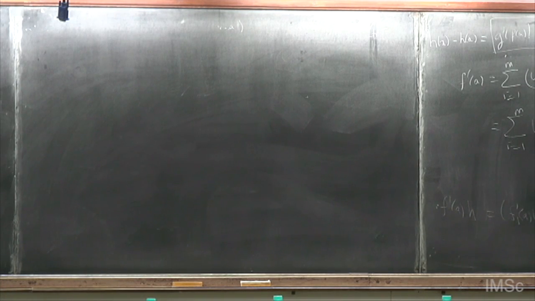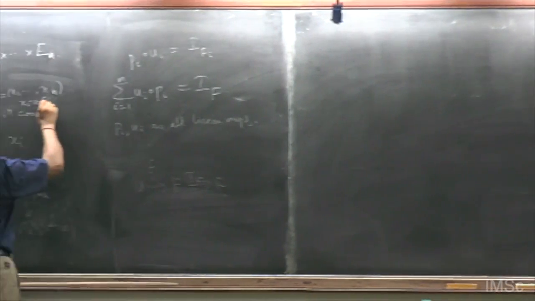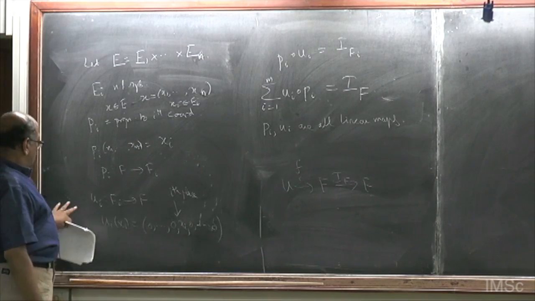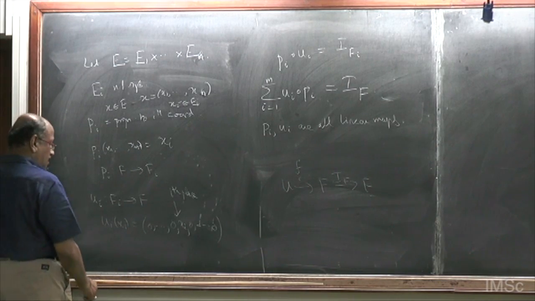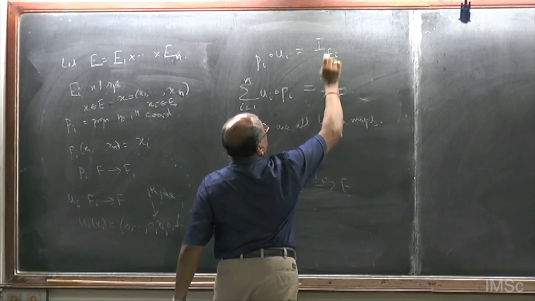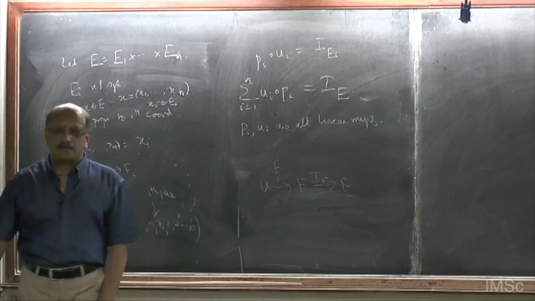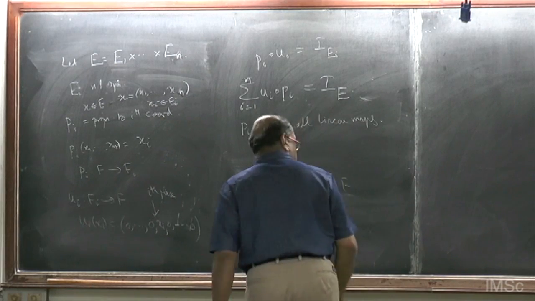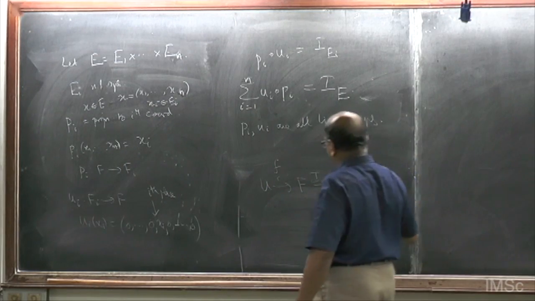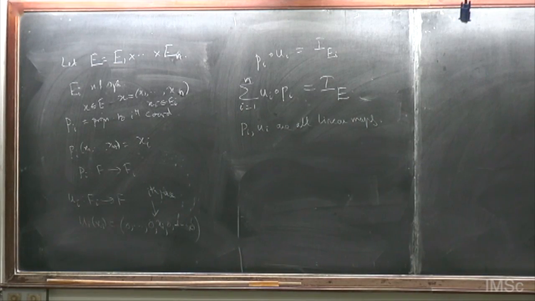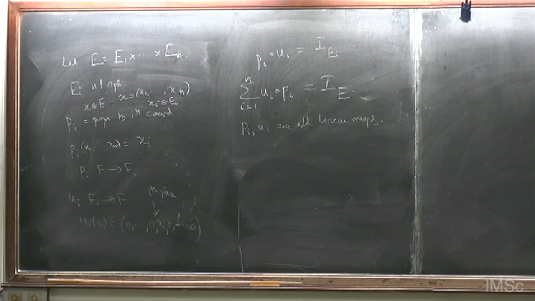So, x in E means it is equal to x1, x2, xn, xi in Ei, Pi is the projection, and Ui is the same as before, and therefore, you have all these. So, now your domain is a product space. So, I want to know how to write the derivative of a function in terms of some other functions.